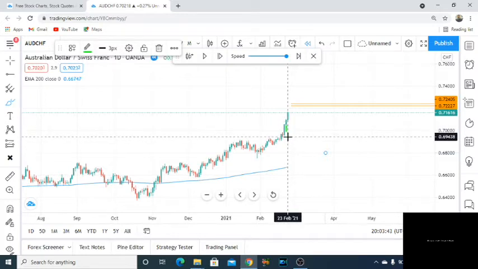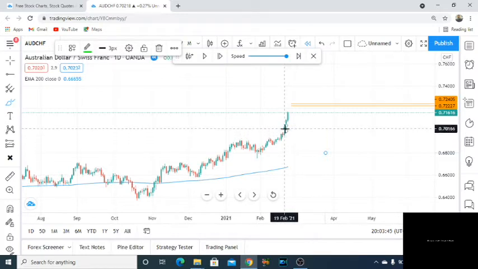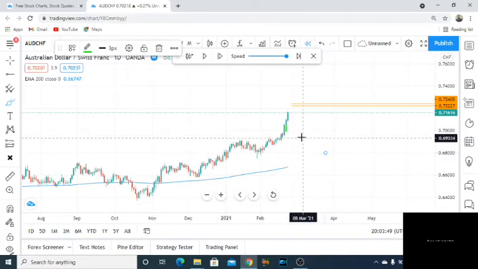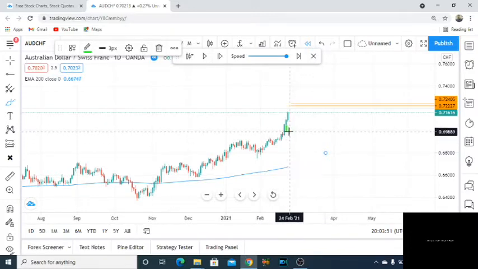If there was a tail on this candle, there shouldn't be an imbalance here, because that would mean there were sellers in this area. So what we do, let me try and remove this.